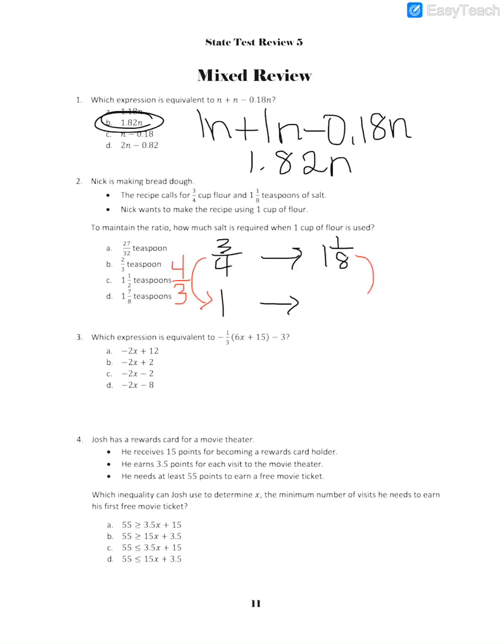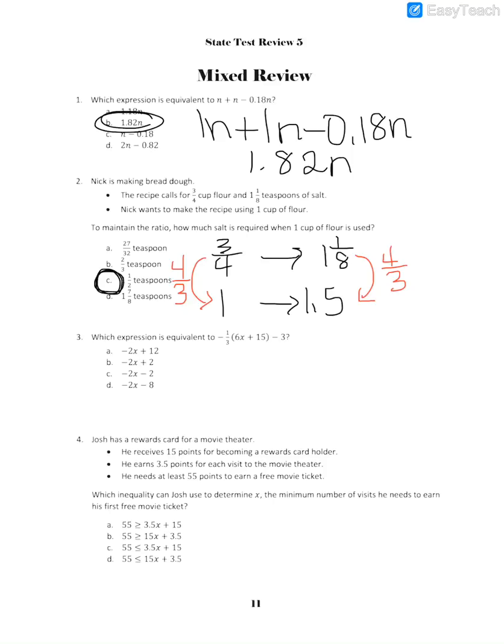So I'm just going to do the same thing over here. I'm going to multiply by 4/3. All right, so I have 1 1/8 times 4/3, and I get 1.5 teaspoons of salt, which is 1.5.